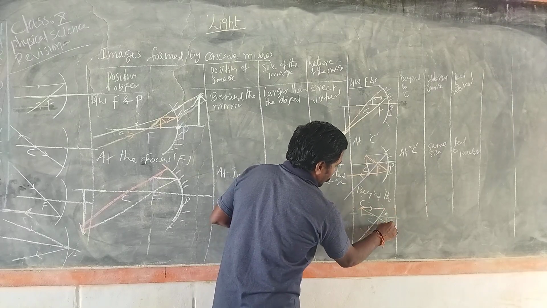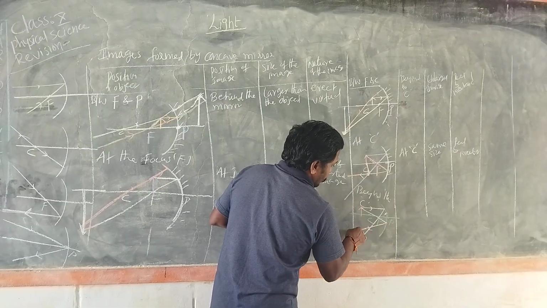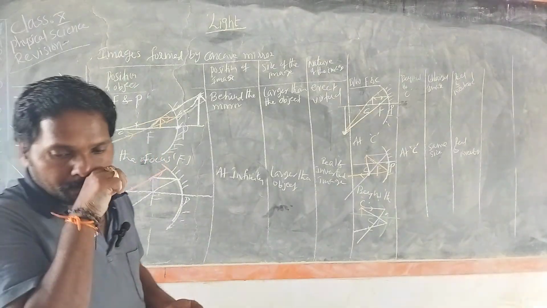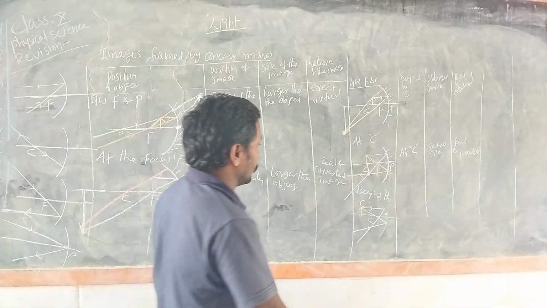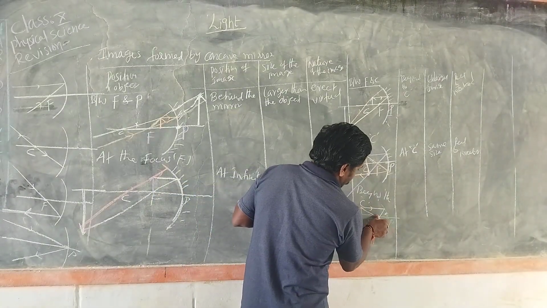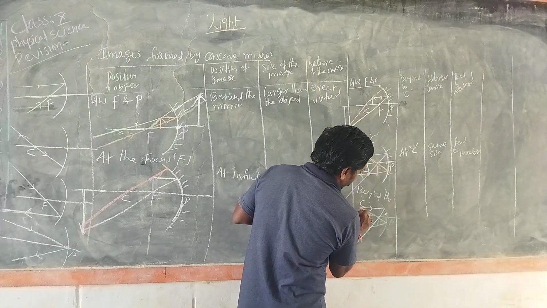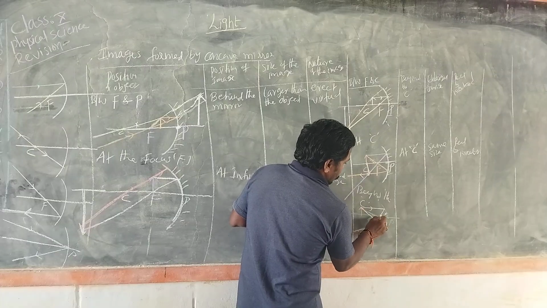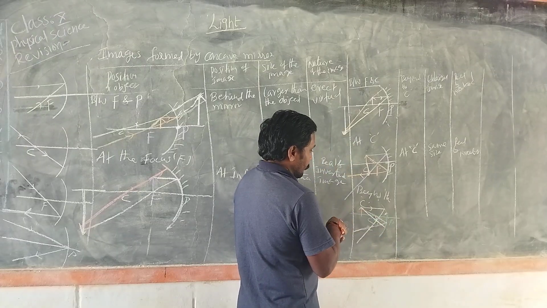Then the second one, instead of the focus, it passes through center of curvature. So the image is formed here.